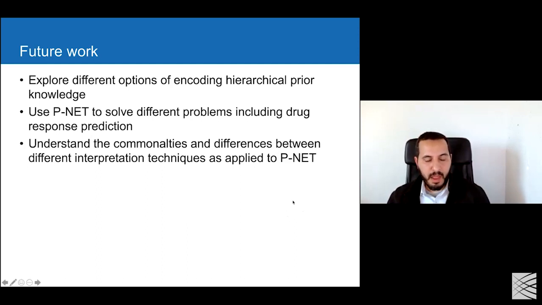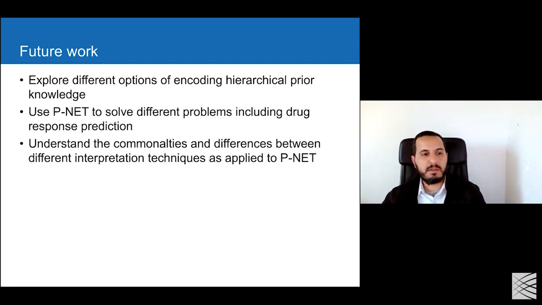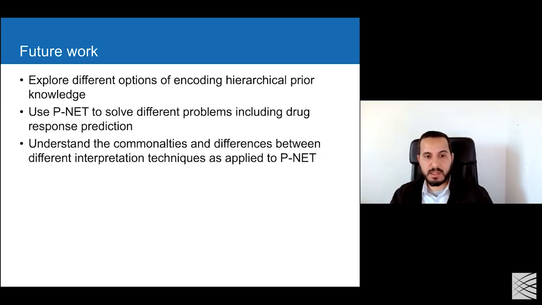Also, we are trying to apply PNet to solve other problems, including drug response, especially immunotherapy. And we are also trying to understand more the differences between different attribution methods and interpretation techniques as applied to the sparse network rather than the dense network.